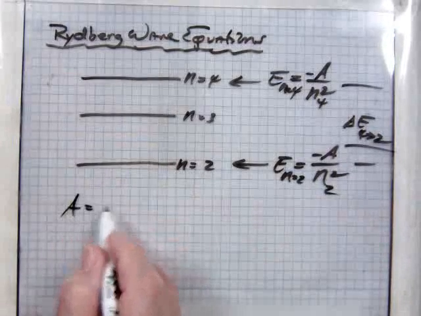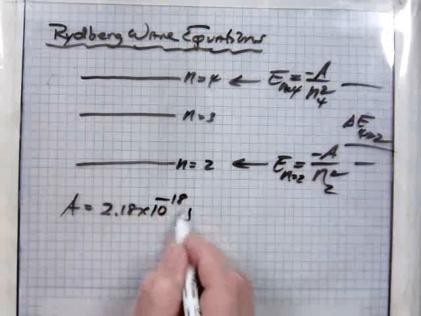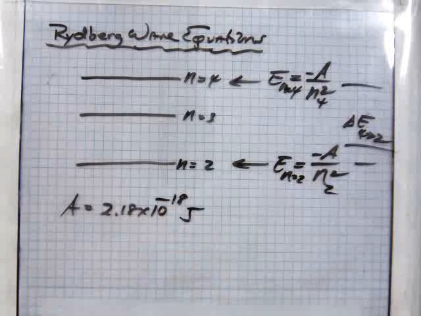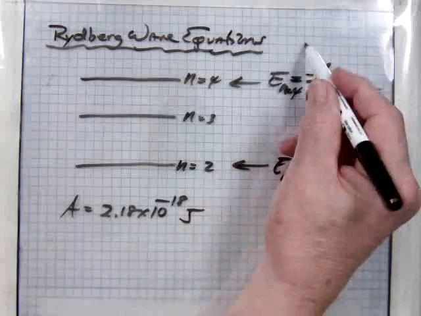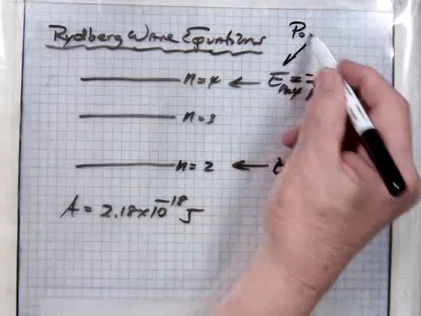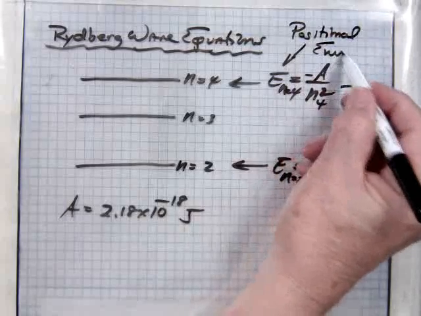A is 2.18 times 10 to the minus 18th of a joule. That's the constant. It's posted on the reference sheet. So this is a positional energy now.